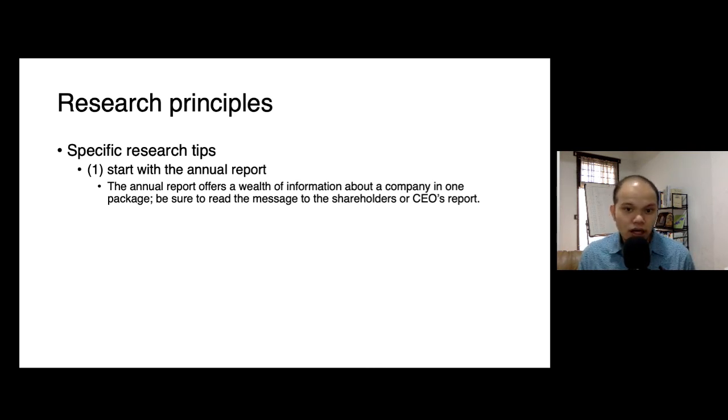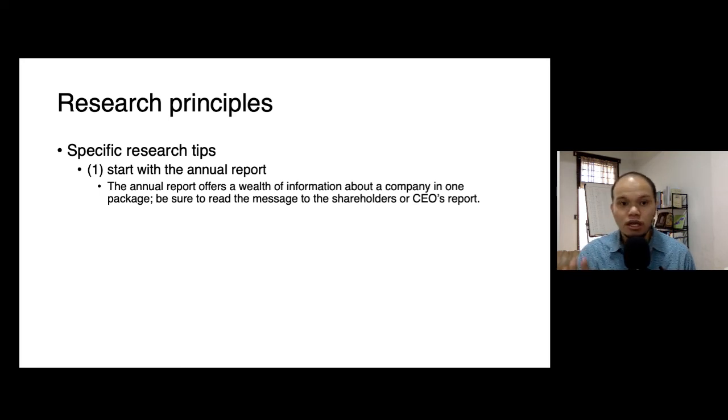Be sure to read the messages from the shareholders and the CEO reports. But as a consultant, you're not just going to gloss over the annual report, and definitely you're not just going to stick with it and not read other publicly available documents. You also take a look at press releases, news, and disclosures by the company throughout the year. You don't just stick with the annual report.